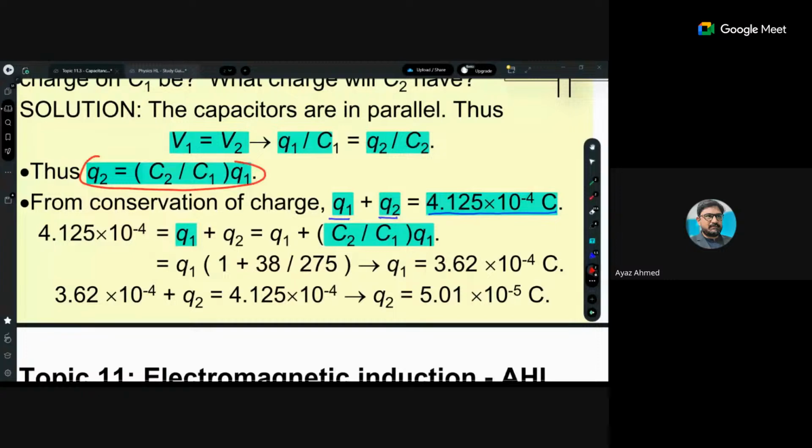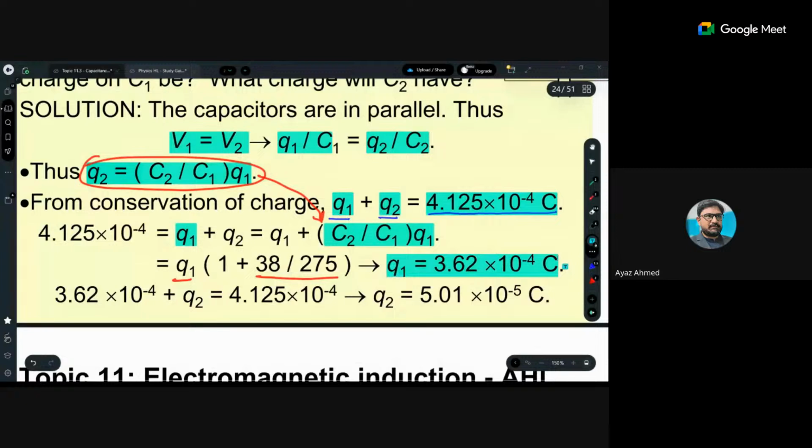That equation has C2 divided by C1 because I know the capacitances, and I will plug those values in, keep Q1 out, and I will get 1 plus the ratio of capacitances. So Q1 is 3.62 into 10 to the power minus 4 coulomb.